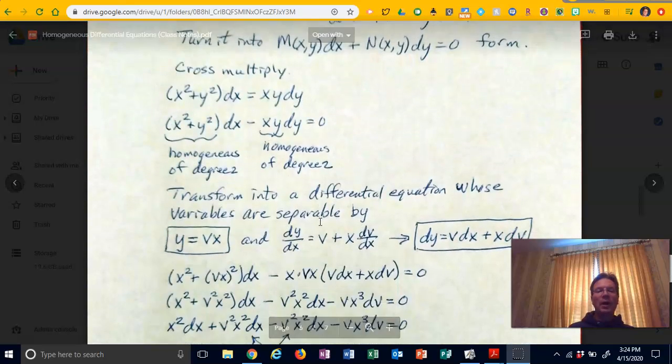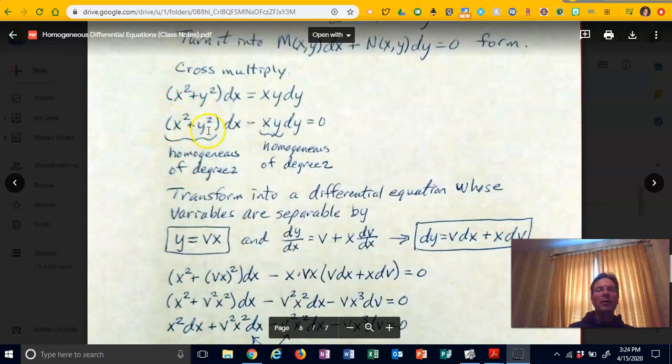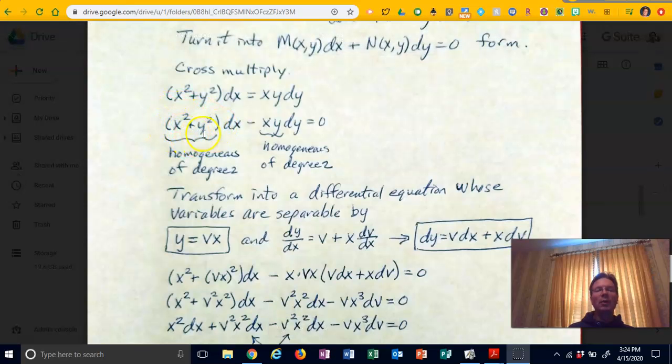I want to check, and I'm not going to show you here, but if you replace the x with tx and the y with ty, like we did in earlier parts of this, you would find this is homogeneous of degree 2. And likewise, if you take the xy function here and do the same thing, you'll find it's homogeneous of degree 2.